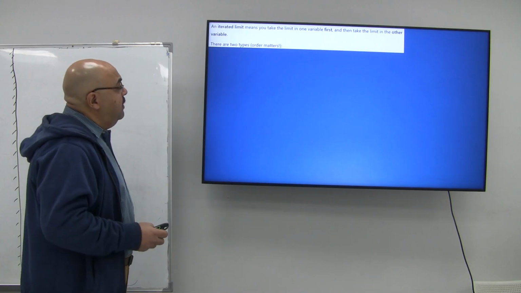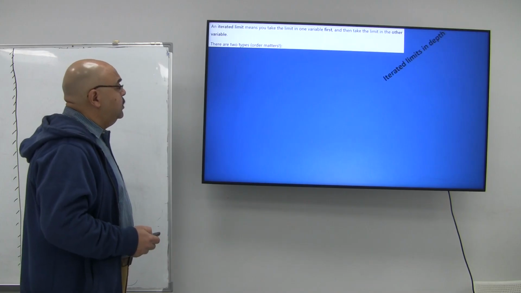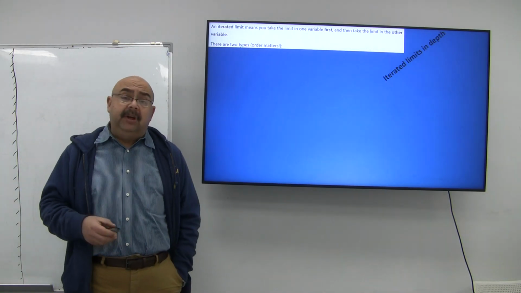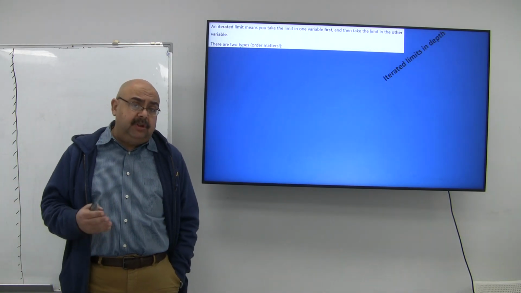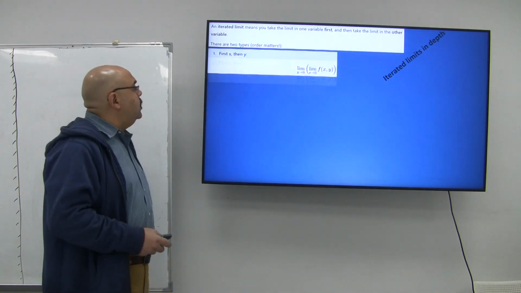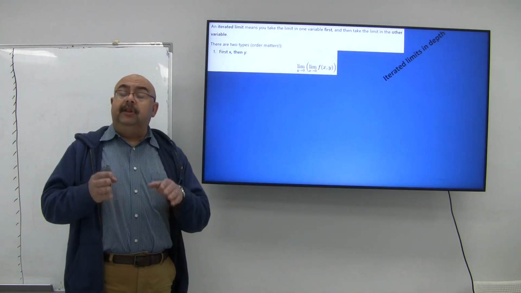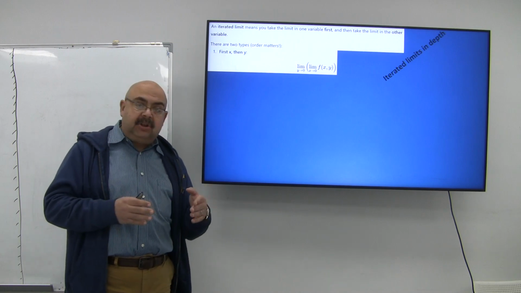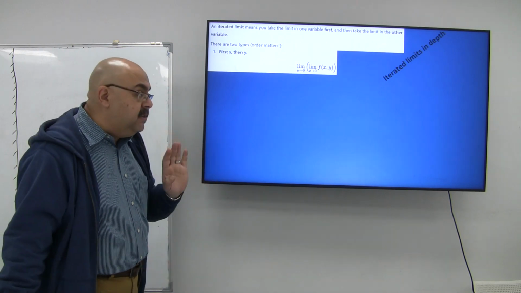By the end of the last lecture, we talked about the iterated limits. For iterated limits in a two-dimensional multivariable function, we take the limits of the function step by step, within an order.